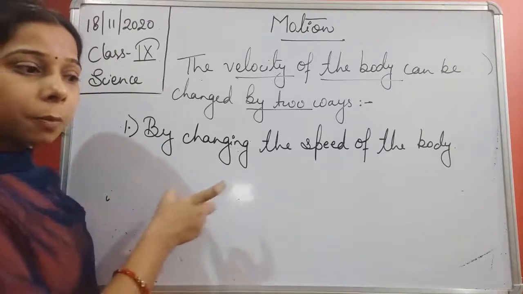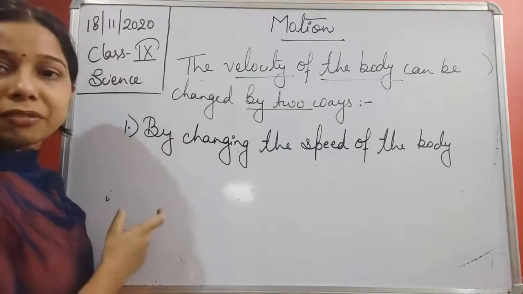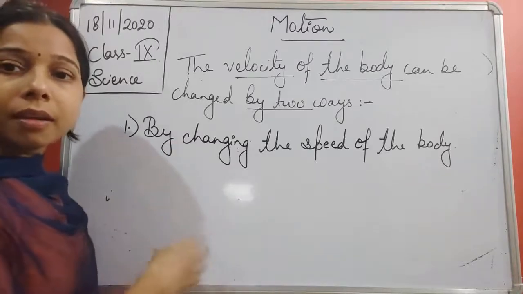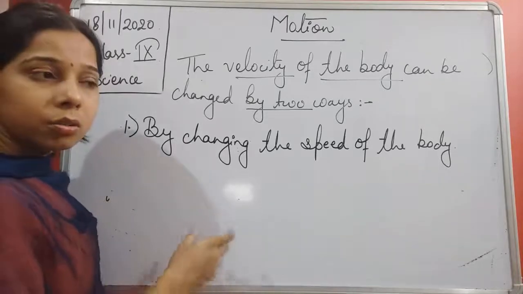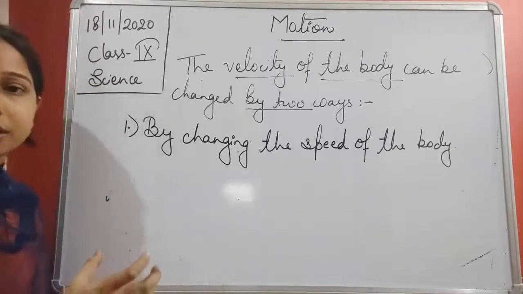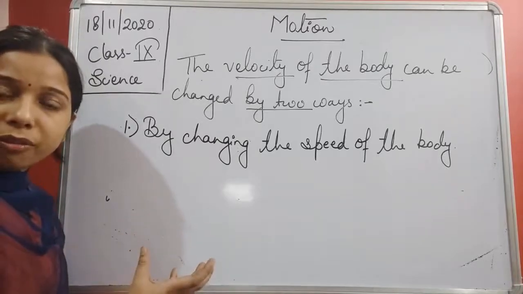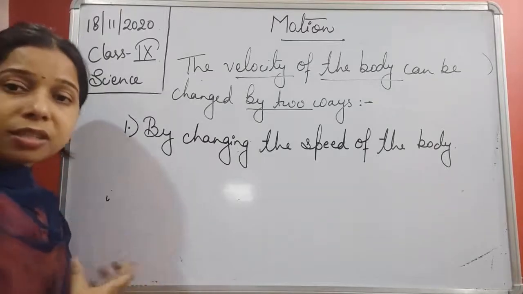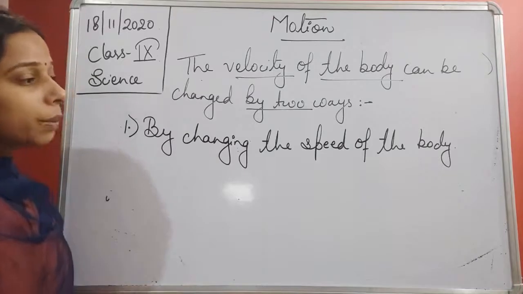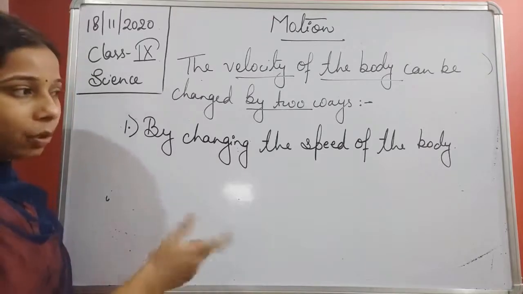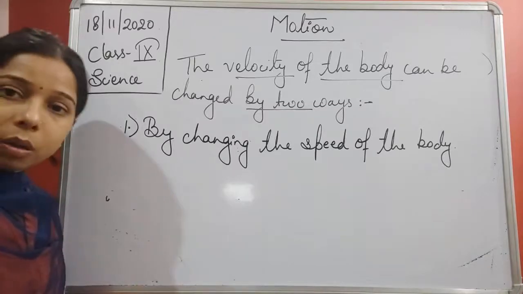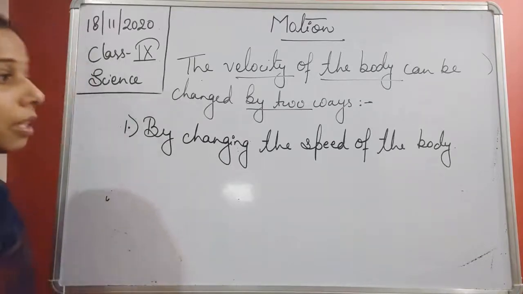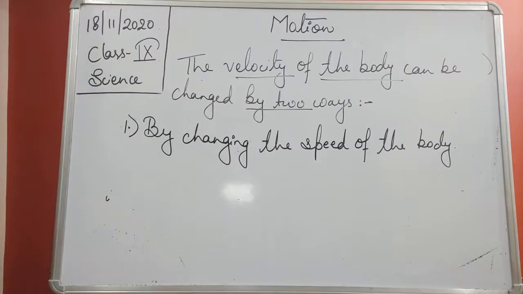It means if the body is traveling 25 kilometers in 2 hours, and then the next 30 kilometers again in 2 hours, you can see it is traveling unequal distance in an equal interval of time. So there will be a change in the speed of the body. So if the speed of the body gets changed, ultimately the velocity of the body will also get changed. So either the speed of the body or the velocity should get changed.